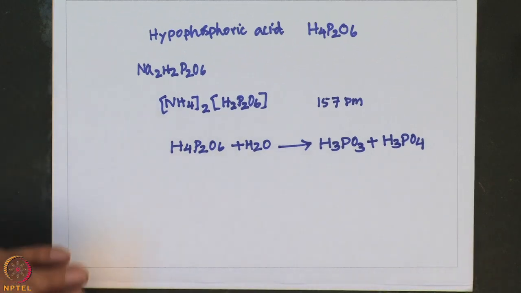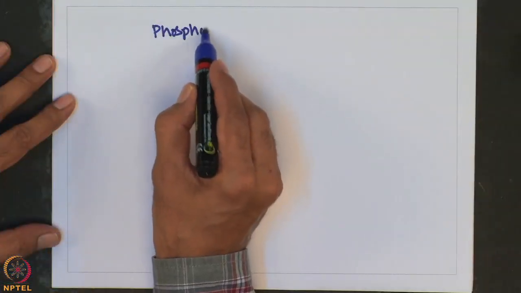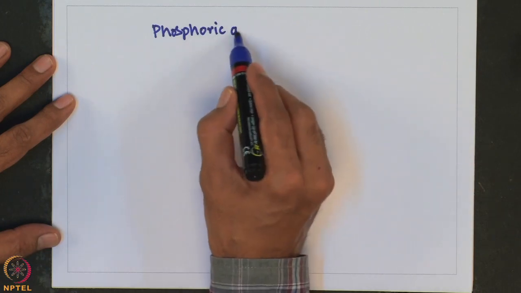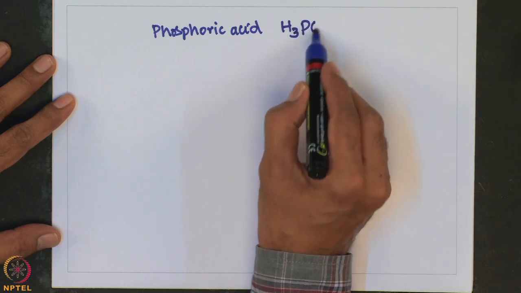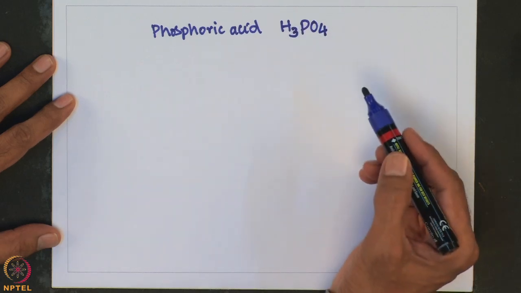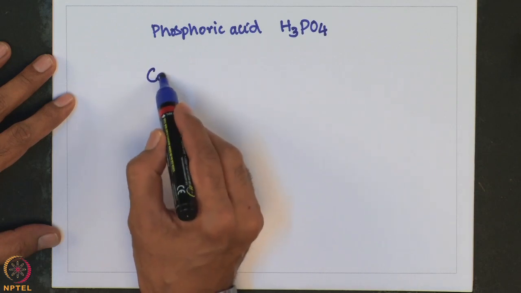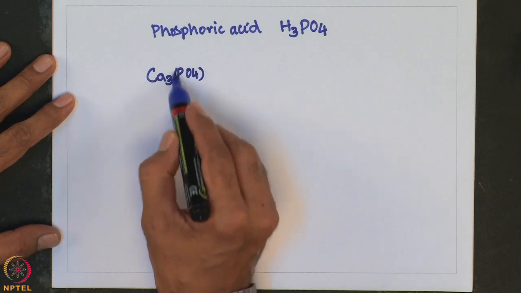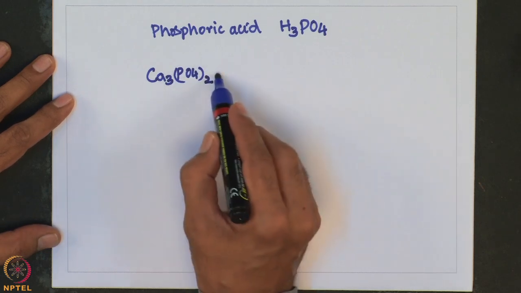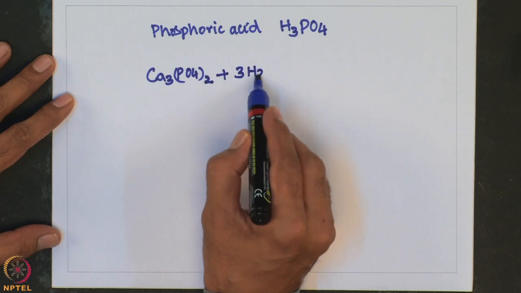Now, let us look into phosphoric acid, and one can prepare phosphoric acid by treating calcium phosphate with sulfuric acid.